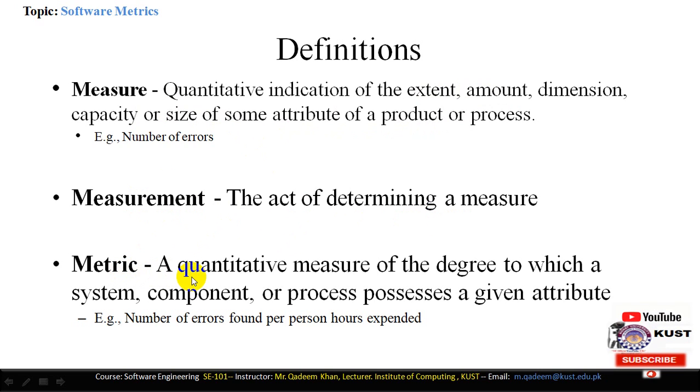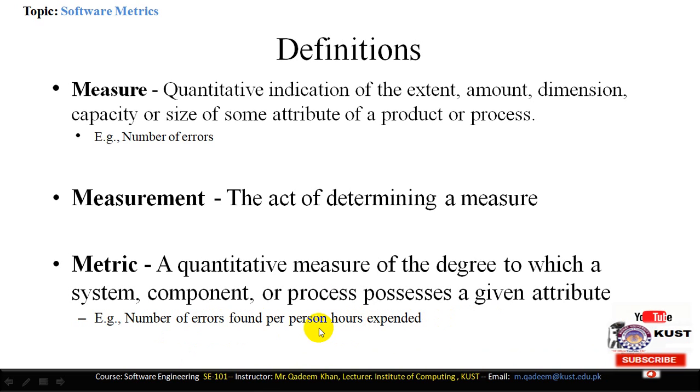And the metric is a quantitative measure of the degree to which a system, component, or process possesses a given attribute. For example, number of errors found per person hours expended. So when we provide the measurement to the metric, we can measure completely the process which has certain attributes. For example, number of errors found per person hours expended.